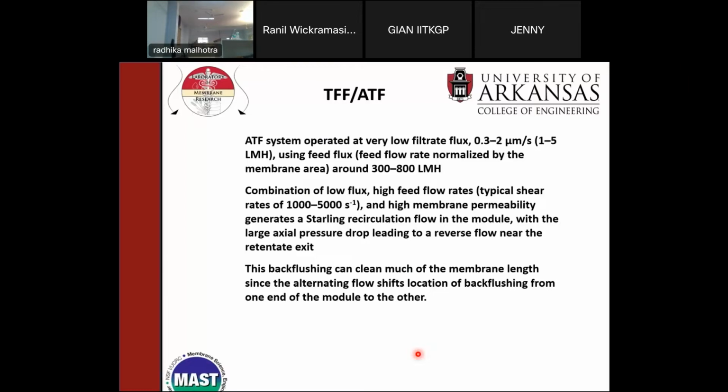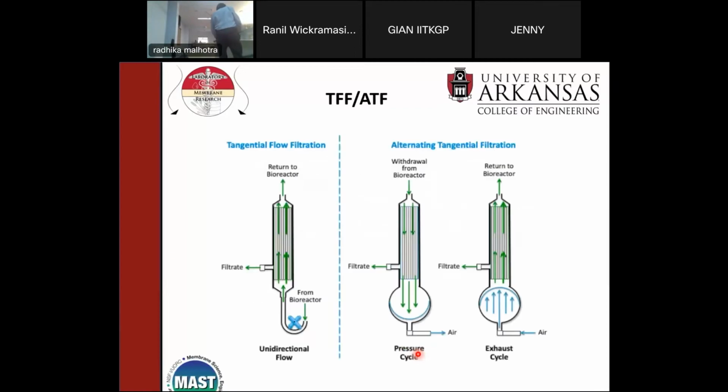That's the advantage. The combination of low flux, high feed flow rates, typical shear rates of 1 to 5 per second, and high membrane permeability generates something called Starling recirculation flow in the module, with a large axial pressure drop in the retentate. Let me see if I can explain that in the previous slide.